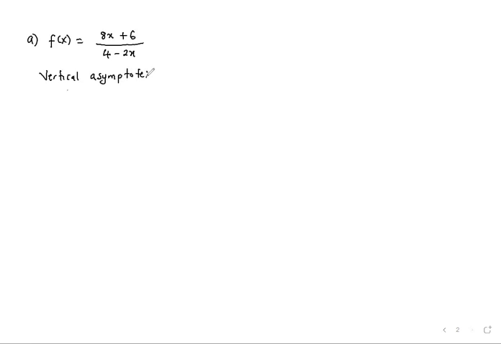What do we discuss? By equating the denominator to 0, and then we solve for x. We divide by -2. The answer turns out to be x is equal to +2.